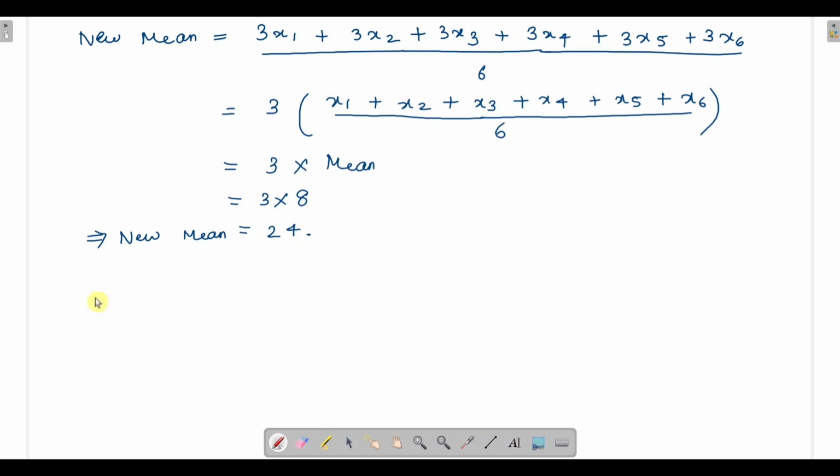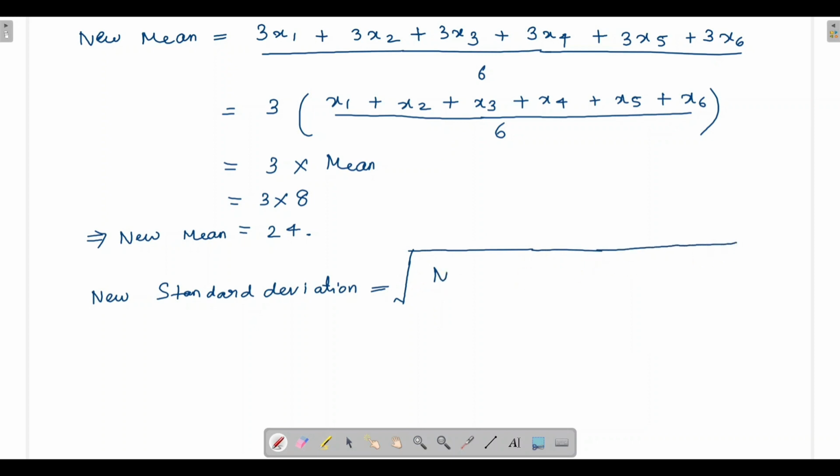Okay, now let us find the new standard deviation. The new standard deviation is equal to the root of the new variance, right? So this is equal to the root of, so how do we find the variance?